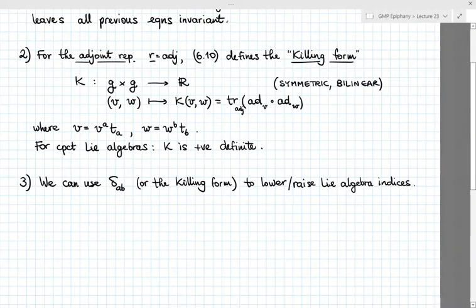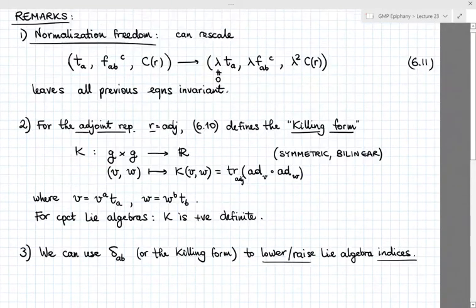From now on, I'll just use delta AB. But if you want to be precise, you should probably use the Killing form. Anyway, they're related by a rescaling, and this normalization freedom in 6.11 essentially allows us to use delta AB. Since delta AB is the identity matrix, we can simply lower and raise indices with impunity.